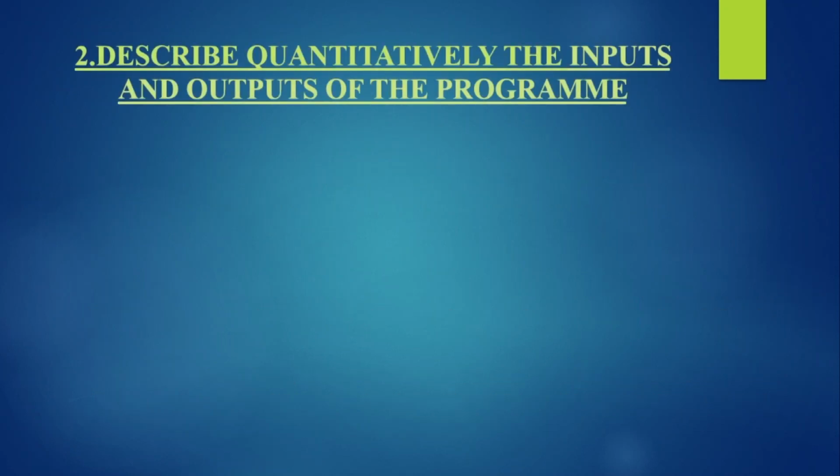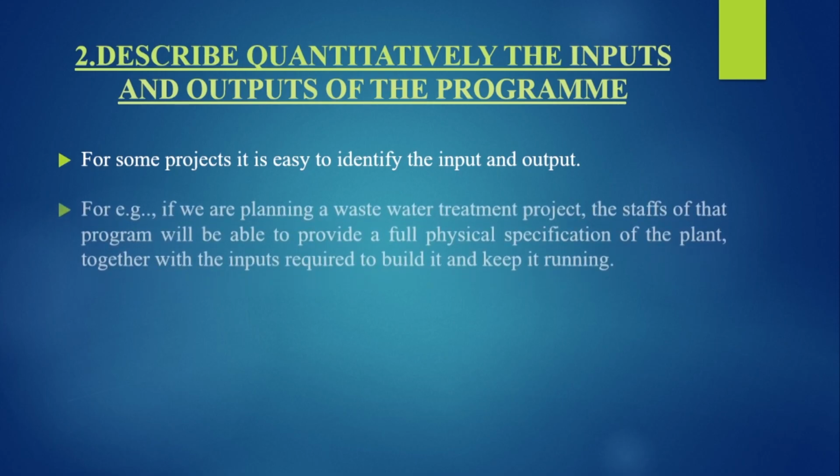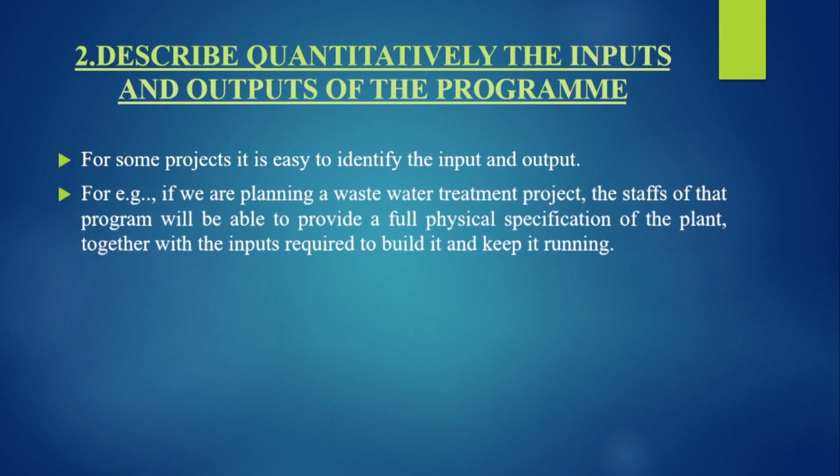Secondly, describe quantitatively the inputs and outputs of the program. For some projects, it is easy to identify the input and output. For example, if we are planning a wastewater treatment project, the staff of that program will be able to provide a full physical specification of the plant, together with the inputs required to build it and keep it running.